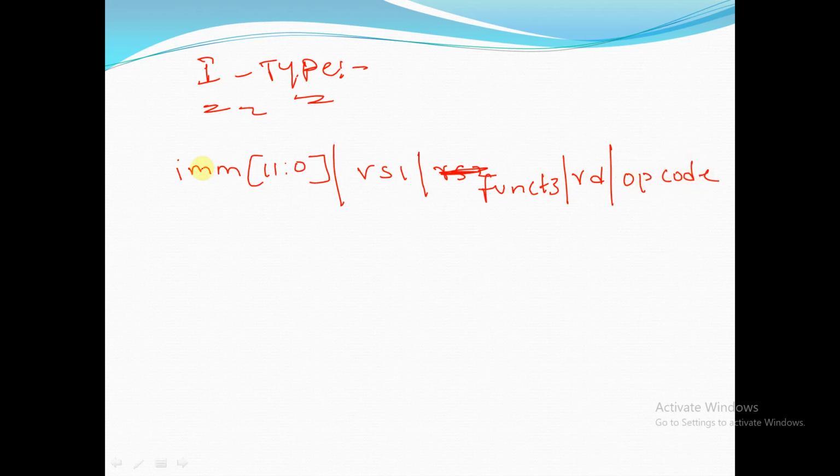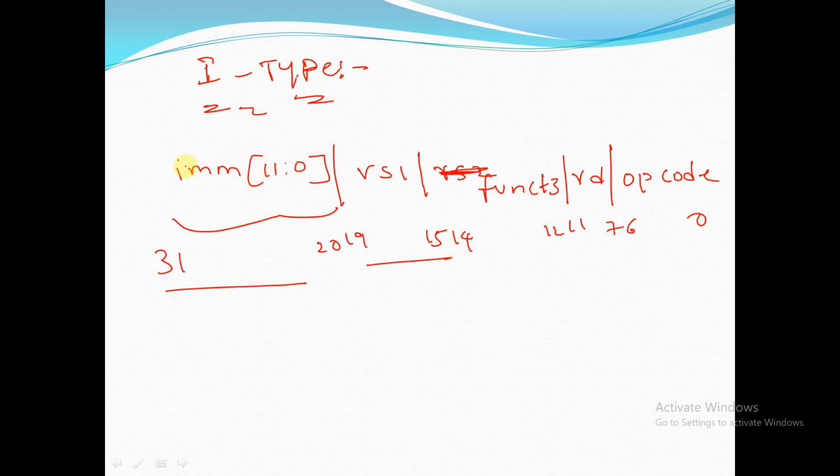This is the format of our I-type instruction. This is 31 down to 20, that is 12 bits, then 19 down to 15, 14 down to 12, 11 down to 7, and 6 down to 0. In total it is 32 bits.